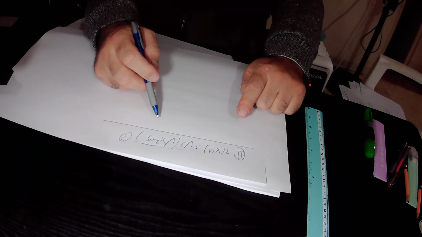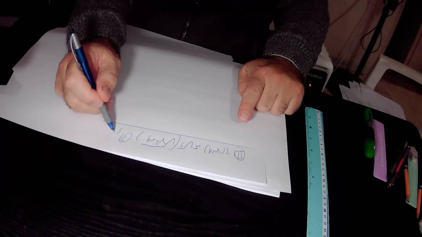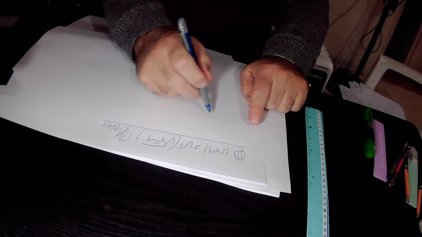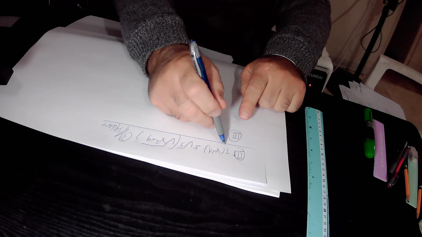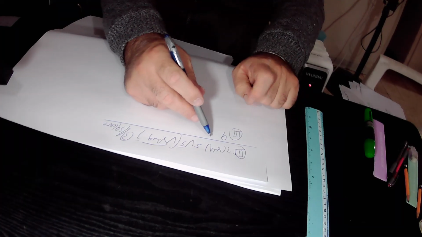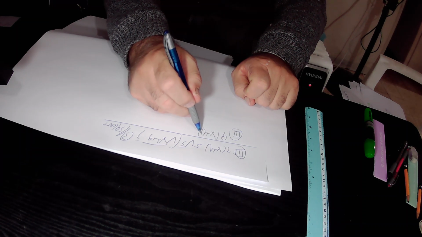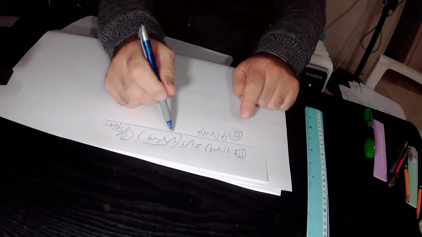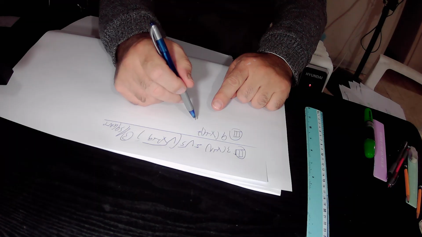So here we will square both sides of this equation 3. On this side we have 3 squared, that is 9, and we also square x plus 1, so it is (x plus 1) squared. So on this side of equation 3 we have 9 times (x plus 1) squared.